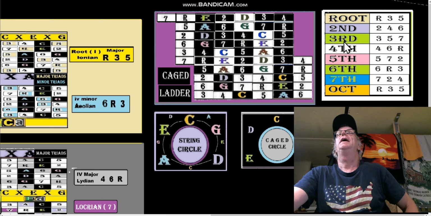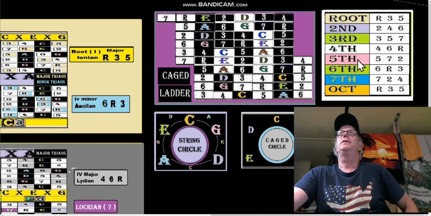Then we go to the fourth, 4, 6 root, and its relative 6, the second, 2, 4, 6. As you can see, they both share the 4, 6, and the only difference is the fourth has the root, the second has the second.